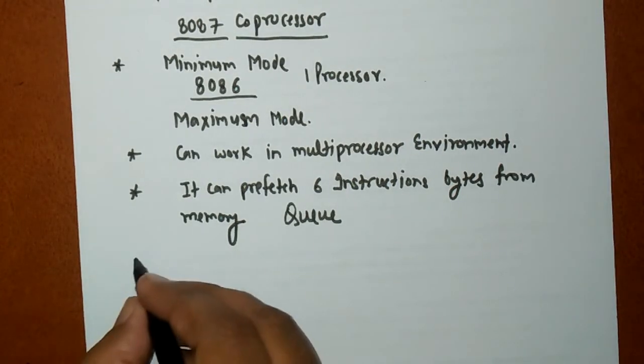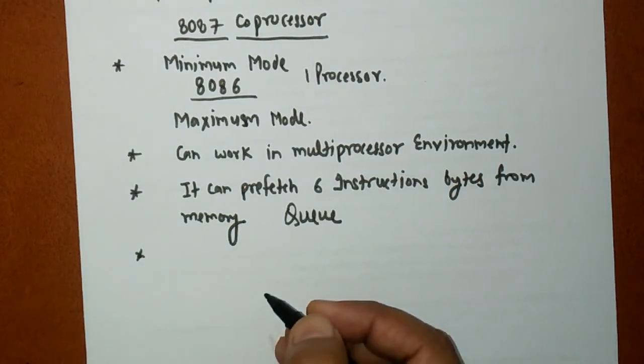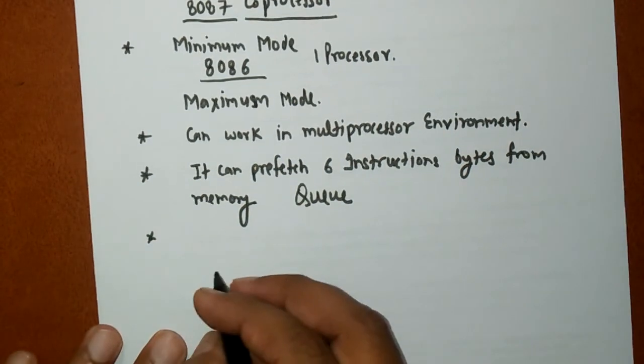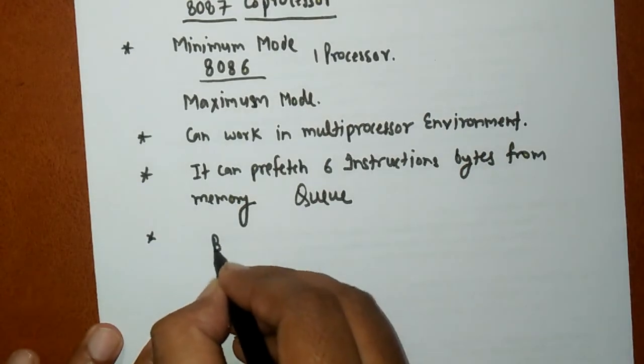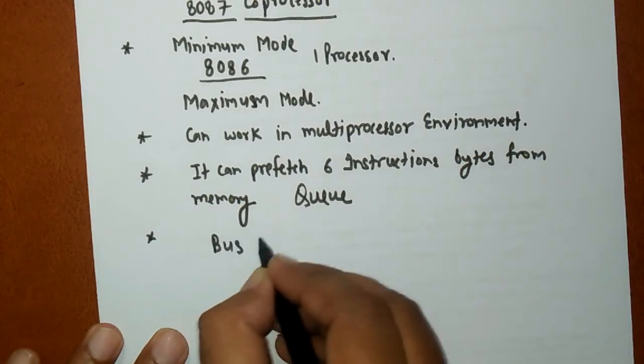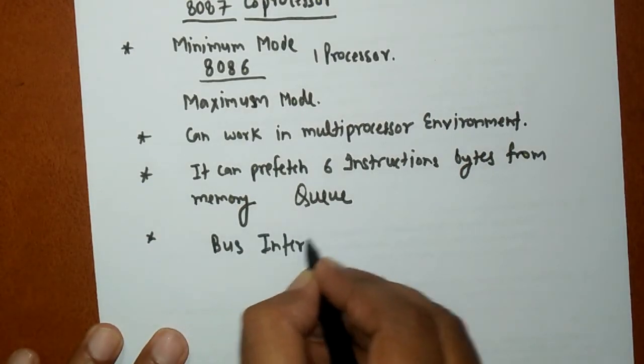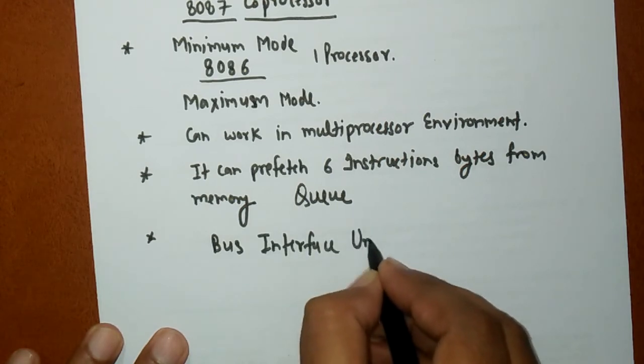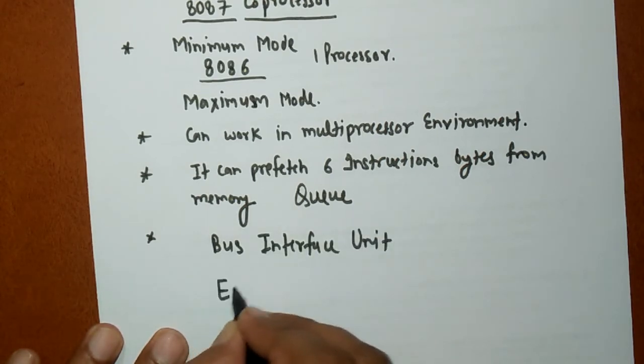Next point is 8086 has two blocks. It has BIU, that is called bus interface unit, and second one is execution unit.